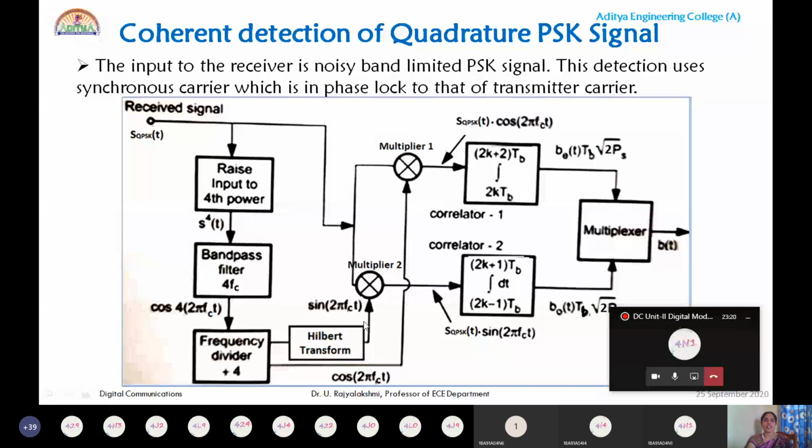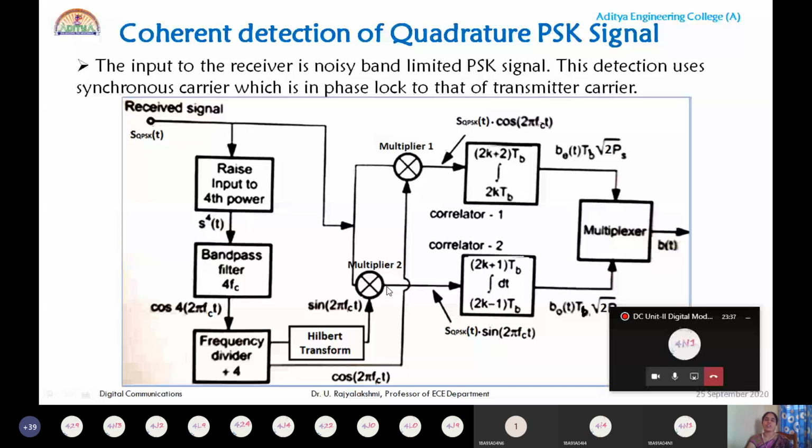The quadrature phase carrier is applied to correlator 2, because this is the Q phase channel. So correlator 1 acts as the in phase channel and correlator 2 acts as the Q phase channel, similar to the transmitter. Here cos 2 pi fc t is directly applied to correlator 1.